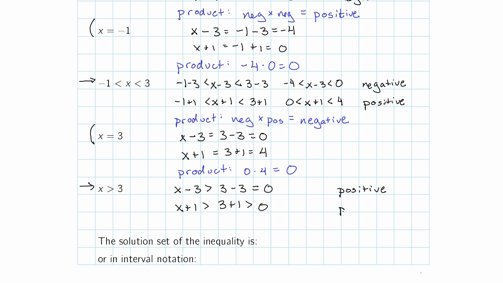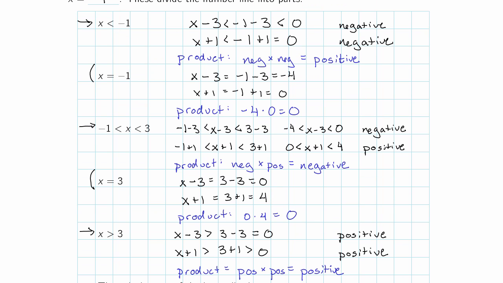So x plus 1 is positive. And thus here, the product is a positive times a positive, which is positive. So now we know what the sign of the product is in each part of the number line.